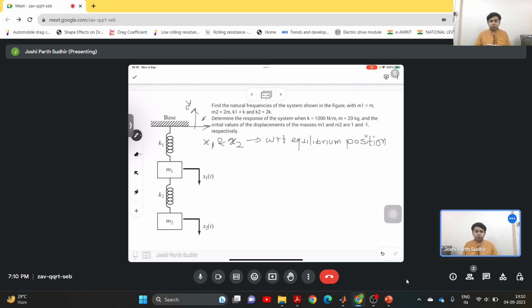Once we have defined the coordinate system, our next step is to draw the free body diagram of the system. Let us consider the mass m1.